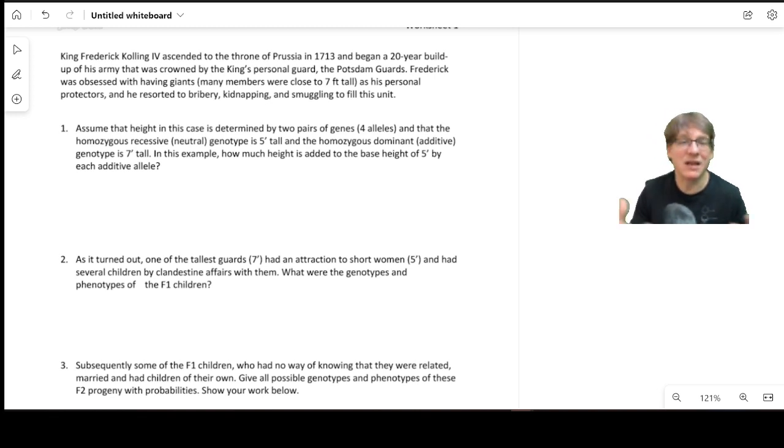So this prompt tells us that he spent 20 years trying to have giant humans, with members as tall as 7 feet, as part of his personal guard. And he did resort to bribery, kidnapping and smuggling to try to fill his unit.